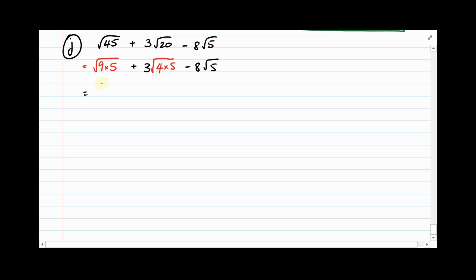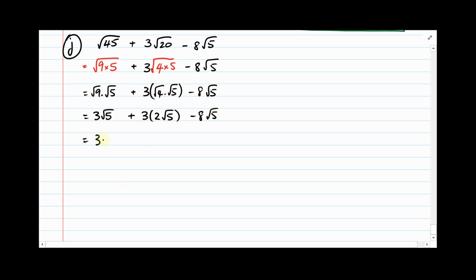When I look at this, square root of 9, square root of 5, 3 root 5, square root of 4, square root of 5. Since I have more room, I seem to want to show you all the steps. So 3 root 5, and 3 times 2 root 5, 8 root 5.